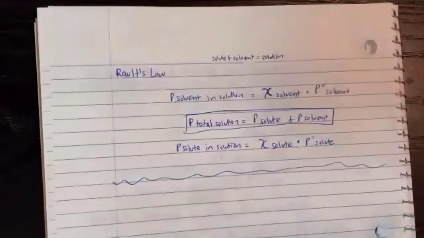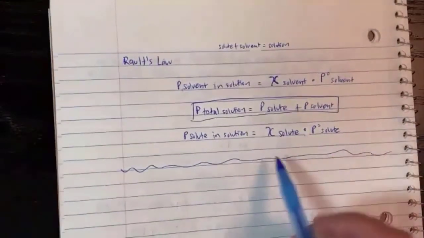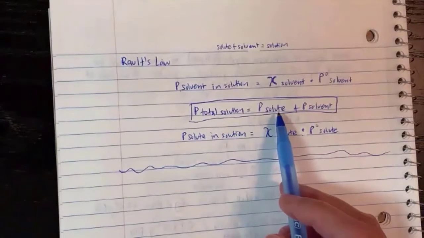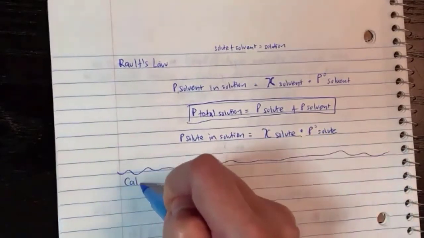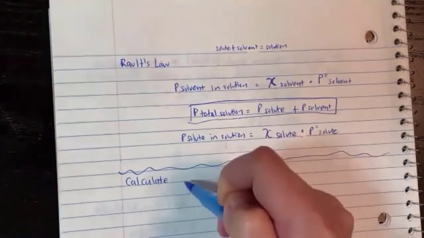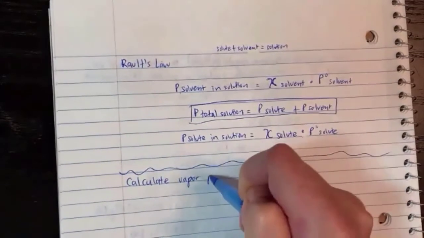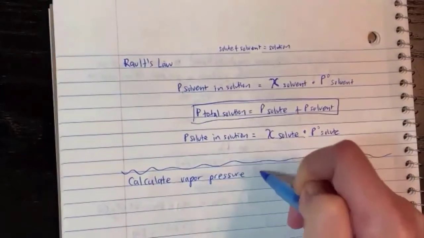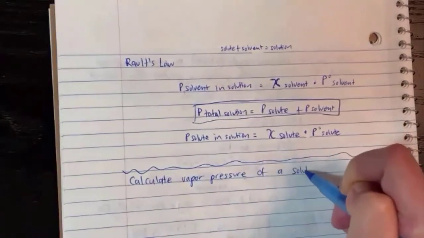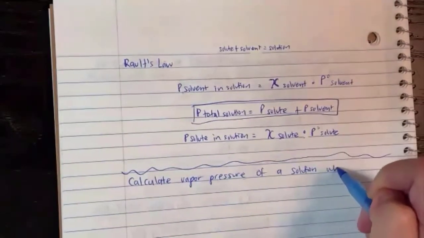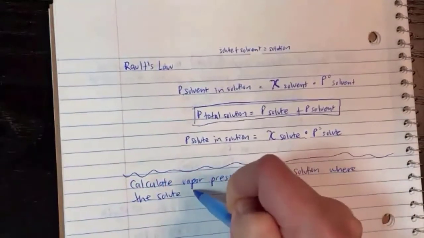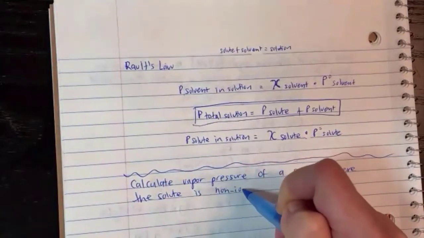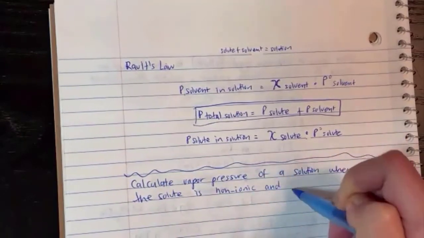So for the first example, underneath the solute portion that doesn't turn to gas, we have ionic and non-ionic. So we're going to go ahead and do the non-ionic one first, okay? So we're going to calculate the vapor pressure of a solution where the solute is non-ionic and non-volatile.